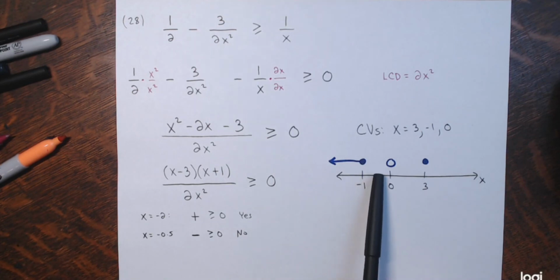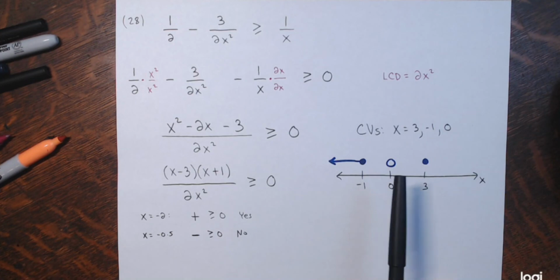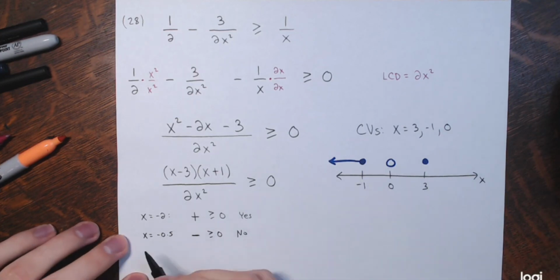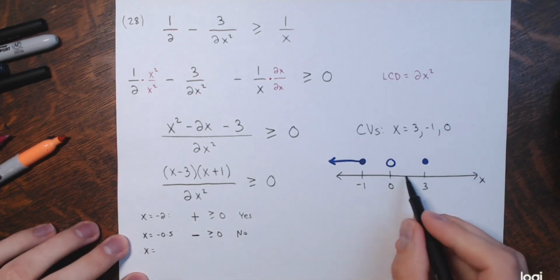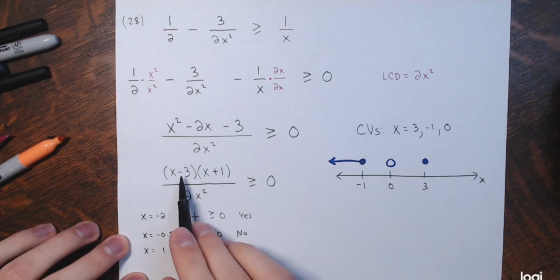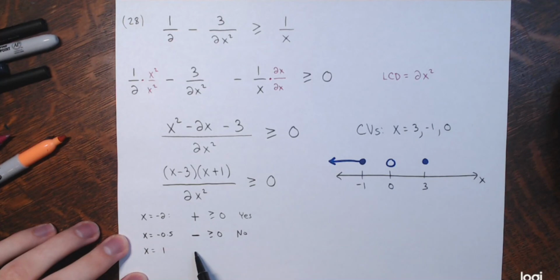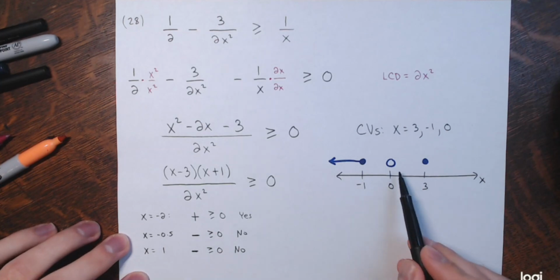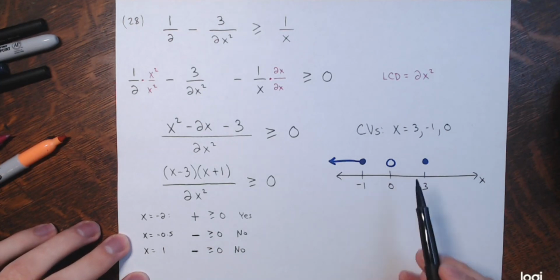So there are no solutions between negative 1 and 0. Leave it blank. Then between 0 and 3, how about 1? Now you'd have a negative times a negative numerator, and positive denominator. You'd have a negative number on the left. Again, is that greater than or equal to 0? That's false. So the interval between 0 and 3 is also blank.